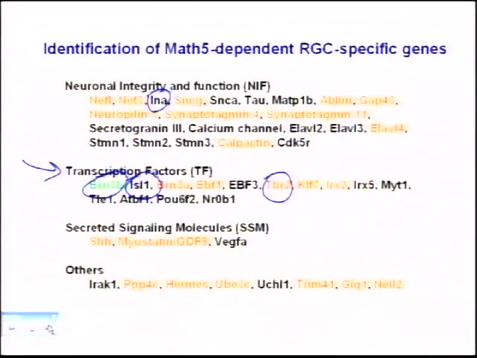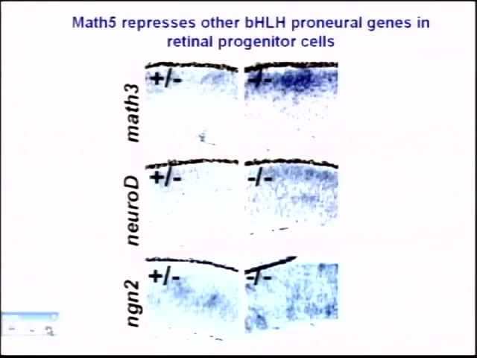Okay? And then we also have other functional molecules whose expression is affected either by the loss of MATH5, Brn3b, or both. Now, I'm not going to talk very much about this, but this is another component of gene regulation that's very important, and I'll just touch on this.